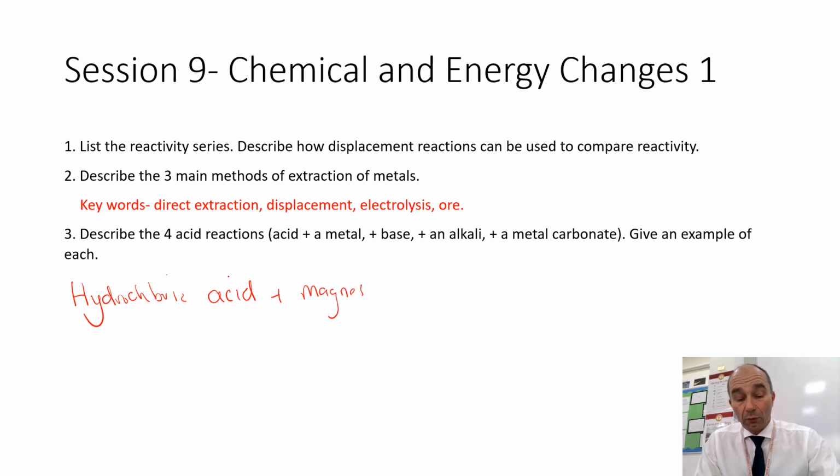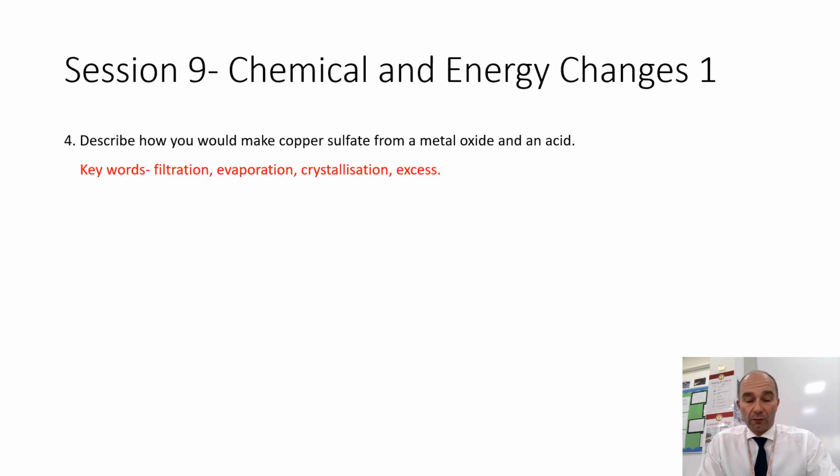Hydrochloric acid plus magnesium. You then need to complete what's going to happen in that reaction as well as giving the general equation. So acid plus a metal, what does that produce? So we'll be expecting 4 general equations and 4 specific examples.